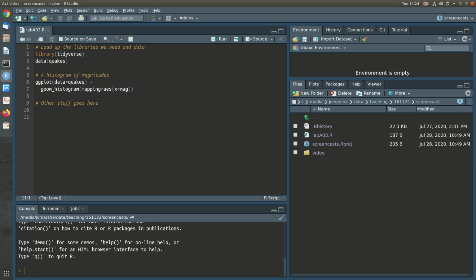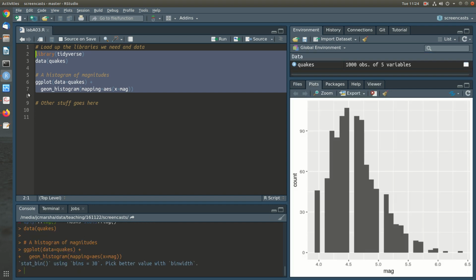So we're going to look at the Quake starter again. Let me run all this so we can get the first histogram up. And so a histogram is essentially where we divide the data up into small buckets or bins. So we divide the range of the magnitude, which varies from 4 up to 6.5, up into small segments. So maybe it's say 3.8 to 4.2 and 4.2 to 4.6 and so on and so forth.